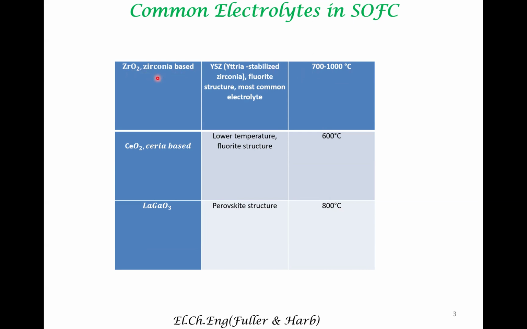So we will be looking at this particular class of electrolyte, yttria stabilized zirconia. On the other hand, there is another class of electrolytes which is also interesting, which operates at rather low temperature if you consider this particular temperature, but it has certain disadvantages. We will look at it in the next couple of slides.